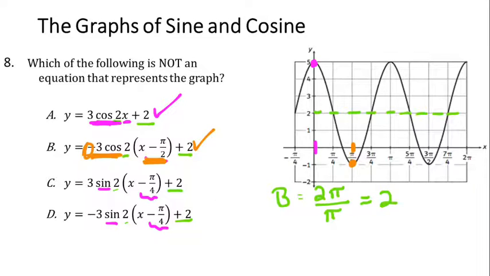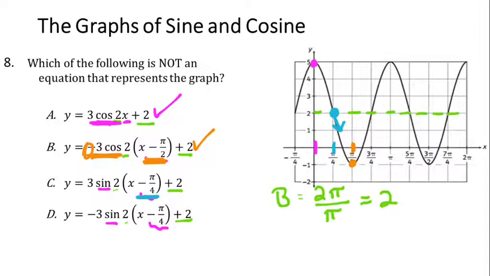All right, next one. Looks like we have minus pi over 4, so that means a shift to the right pi over 4. So we're going to shift right here. That corresponds to this point on our graph, and that point is in the middle, so it means it is an equation for a sine function, and from that point we're going down, and so that means that it should be a negative sine function.